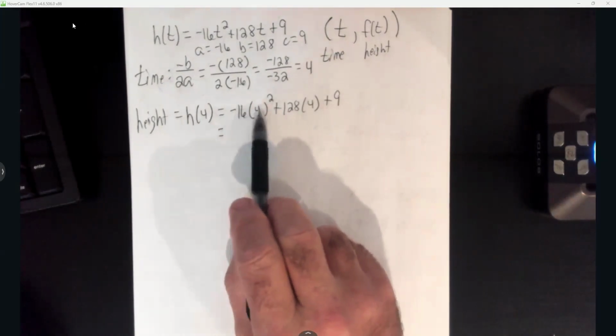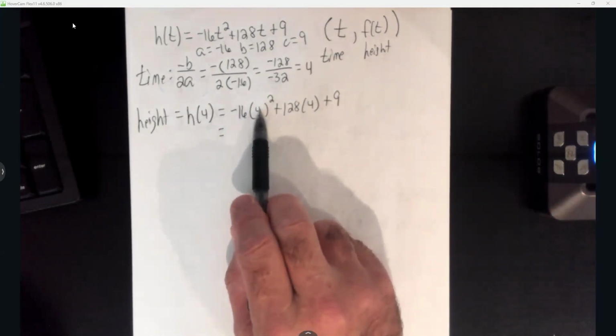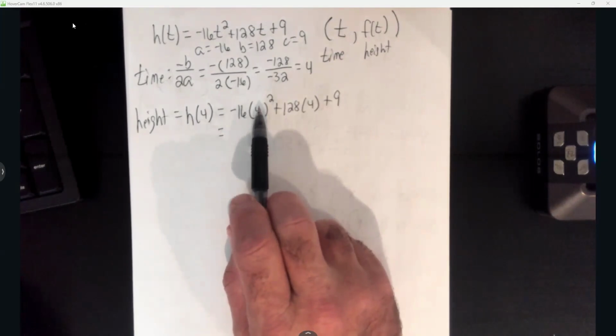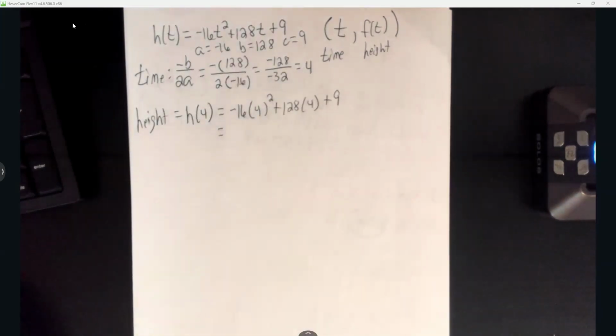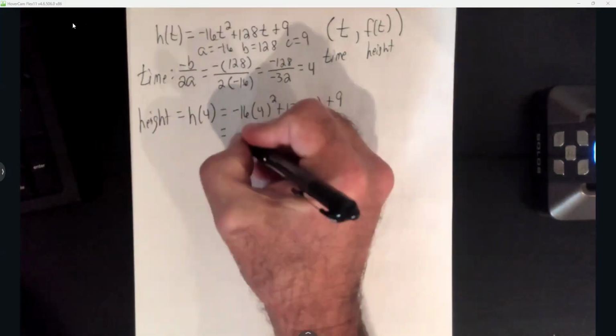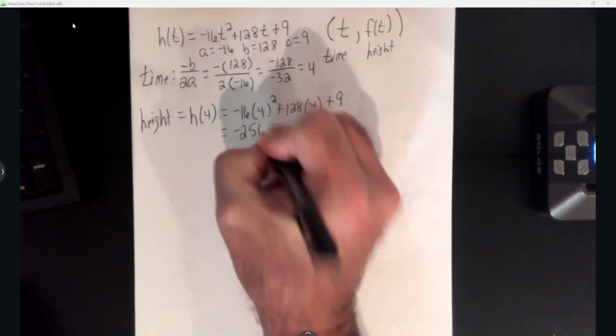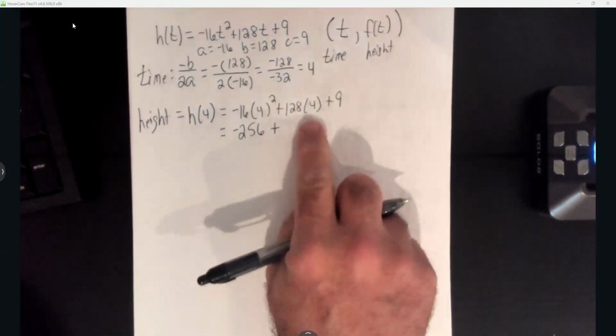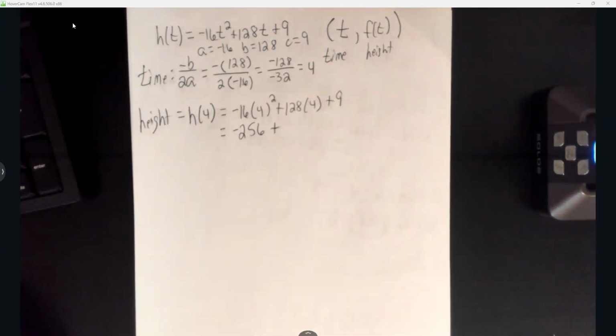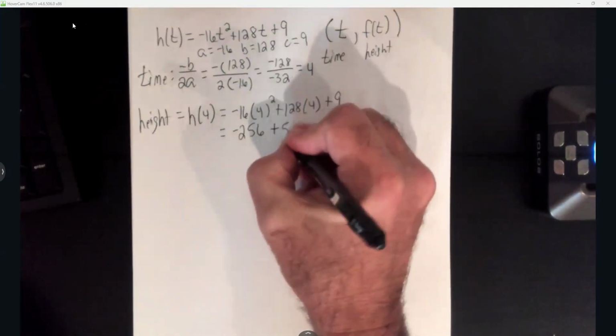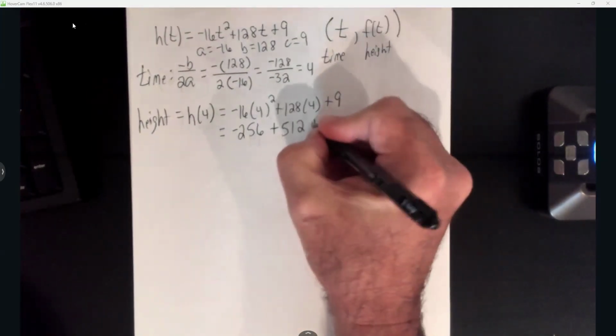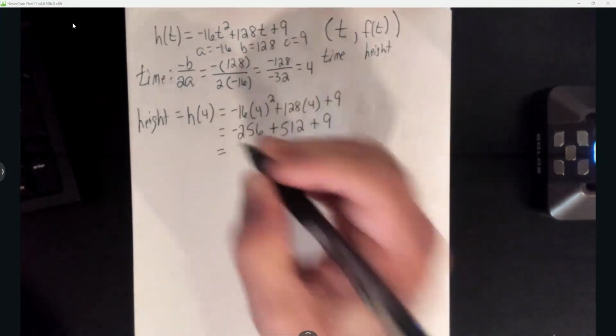All right, y'all, let's see. 4 squared, 4 times 4 is 16. 16 times -16 gives me -256. Plus here is 128 times 4, which is 512, and then plus 9.